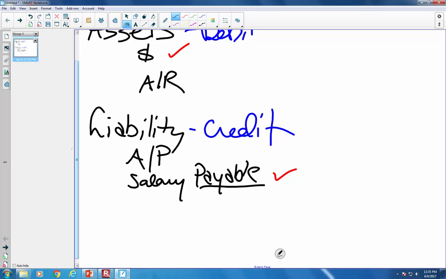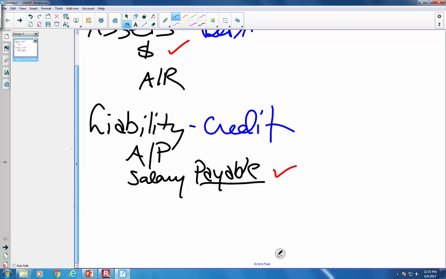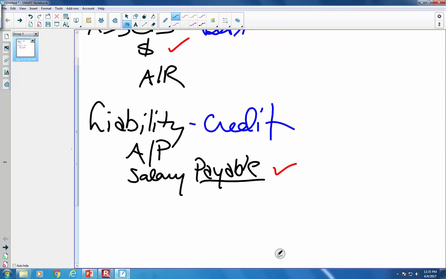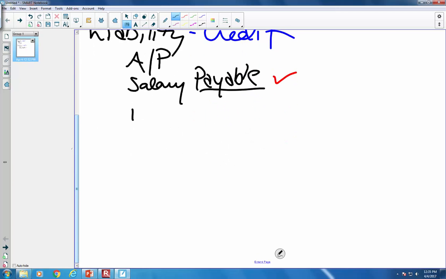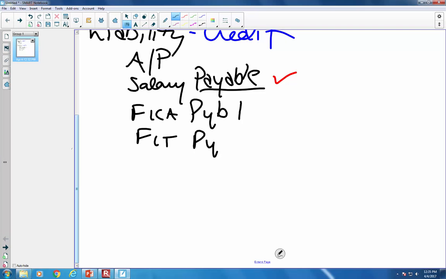We're also going to be using a lot of different tax accounts with the word payable after them, because when I take money out of your paycheck, I've got to pay it to someone, right? So I'm going to be using accounts like FICA payable and FIT payable, et cetera.